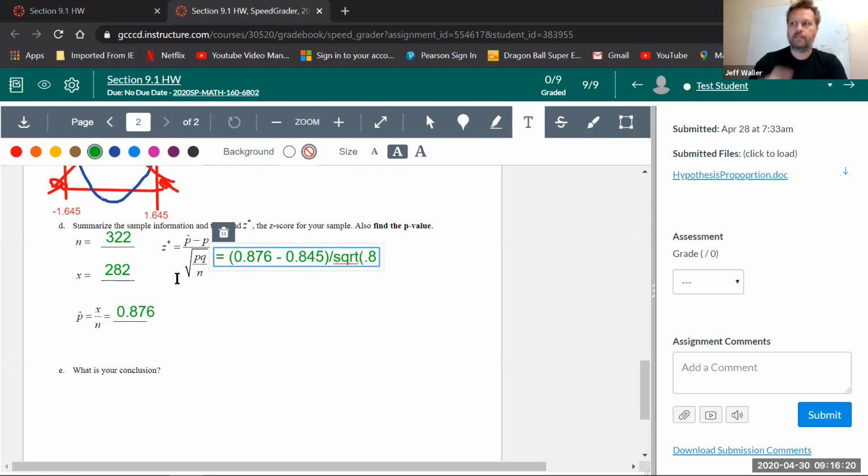So it's p, 0.845, times q, which is 1 minus that, so 0.155, divided by 322. So go ahead and try to see what you get from all that.